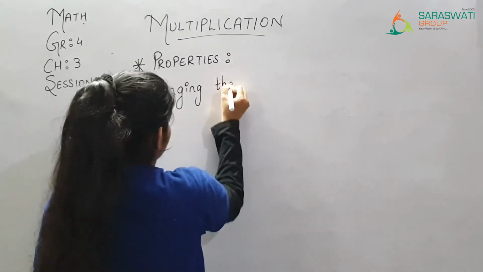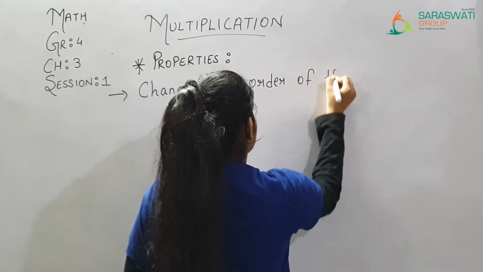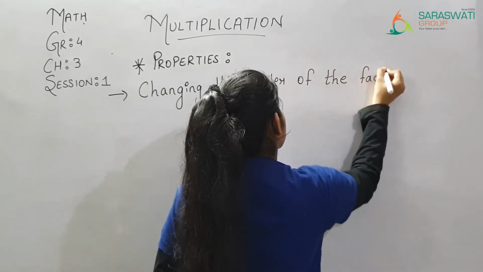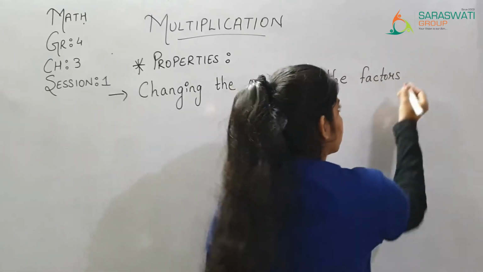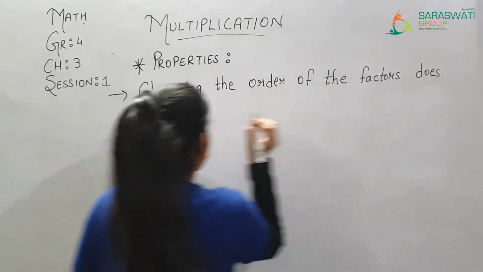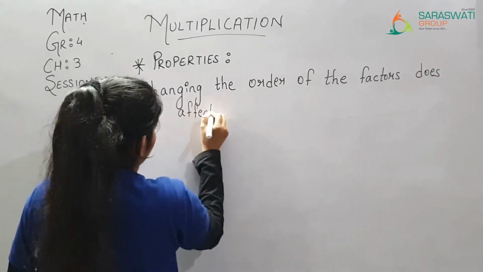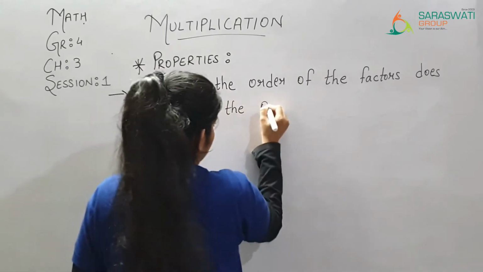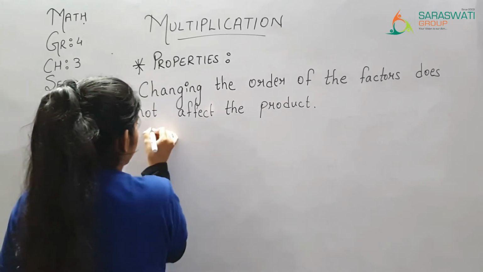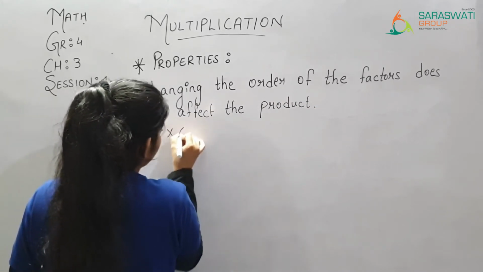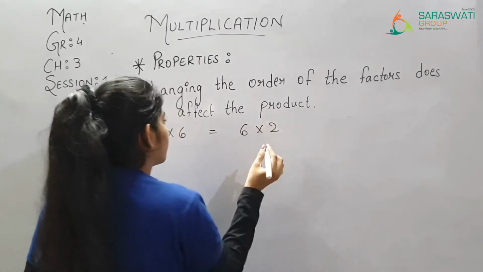changing the order of the factors does not affect the product. For example, 2 into 6 or 6 into 2.